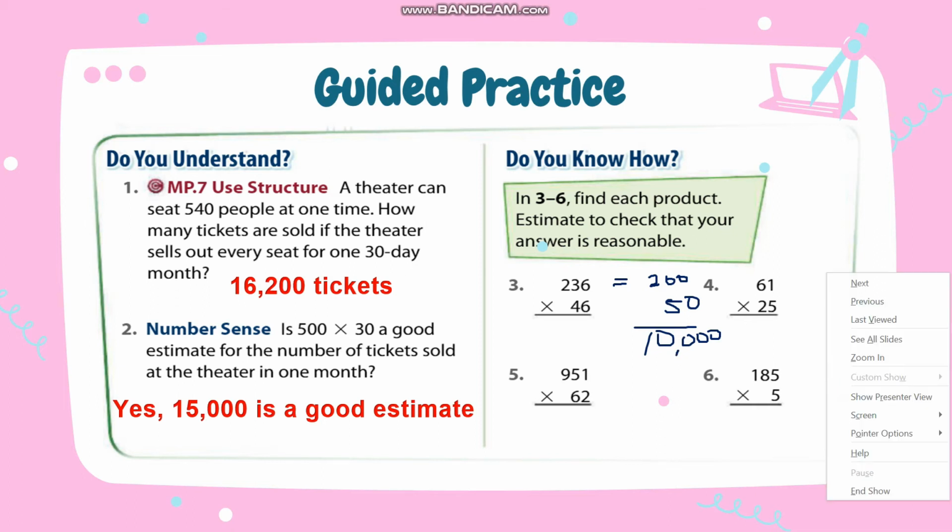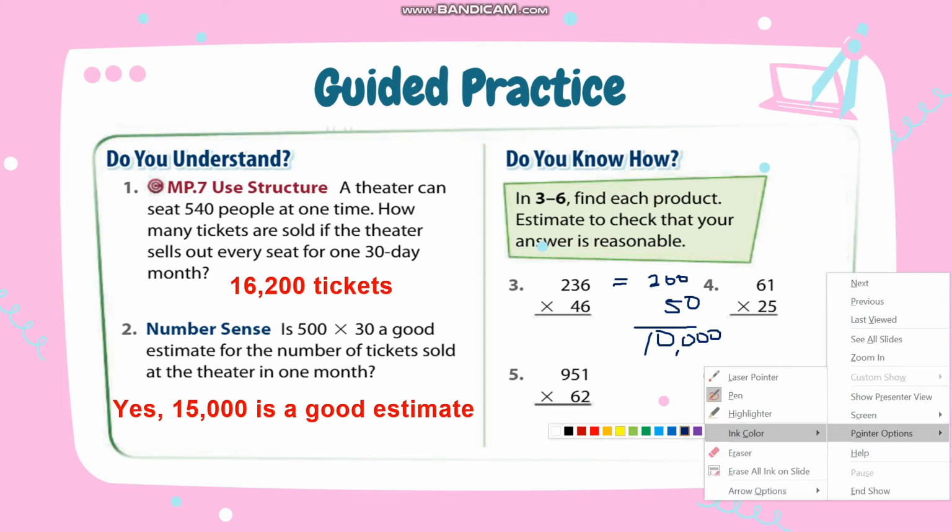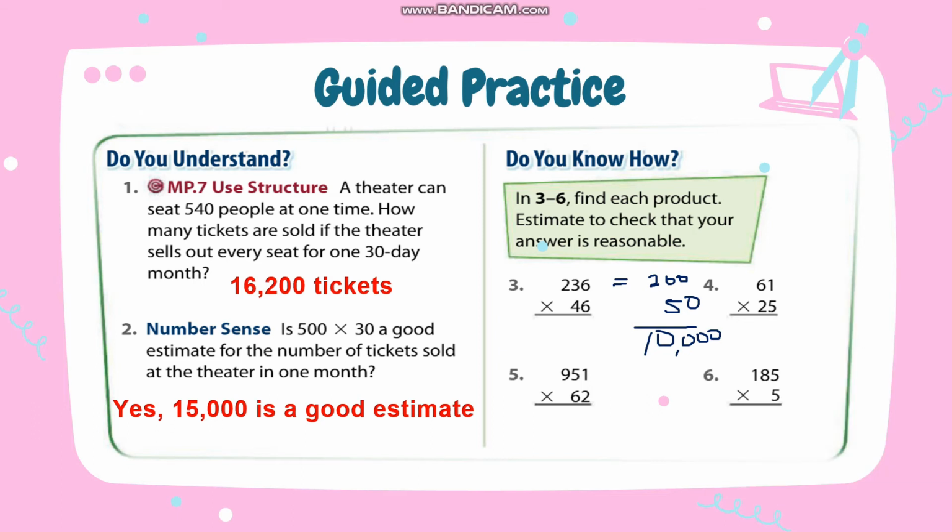Now if I apply the standard algorithm in multiplying, 6 times 6 is 36, so 6, regroup 3. Then 6 times 3 is 18 plus 3 is 21, regroup 2. 6 times 2 is 12 plus 2 is 14. Then I need to put 0 before multiplying the second digit. 4 times 6 is 24, so 4, regroup 2. 4 times 3 is 12 plus 2 is 14, regroup 1. 4 times 2 is 8 plus 1 is 9.